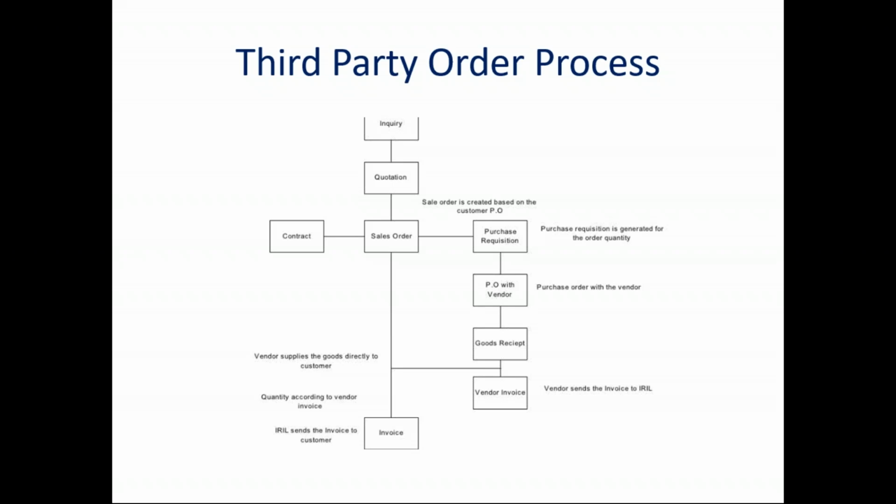We normally deliver from our end, but sometimes we don't have the stock, or we have difficulties in getting the raw materials to make the product. During that time, we ask our vendor, who is a third party, who is not our company. He's a different party.